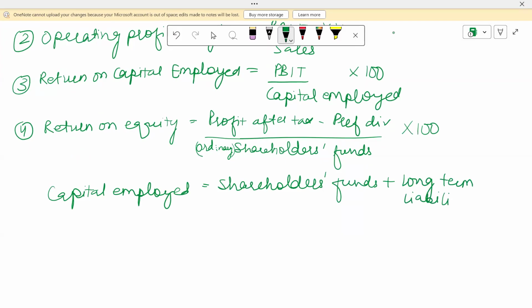Another method to calculate it is total assets minus current liabilities. So these two formulae can help you calculate capital employed. Whichever information you have readily available, you can use that very information.